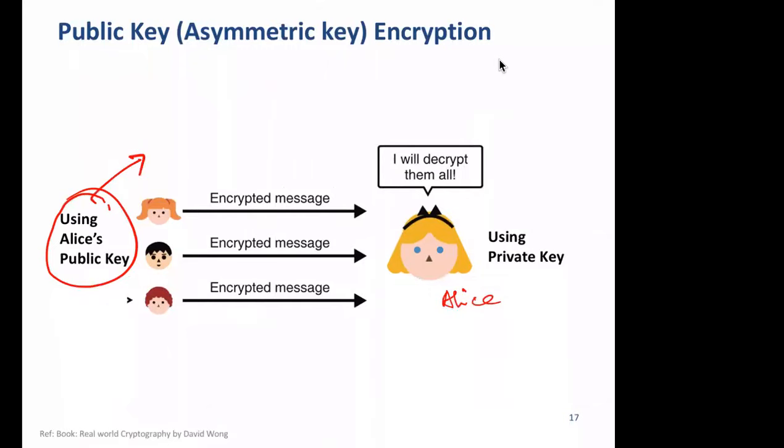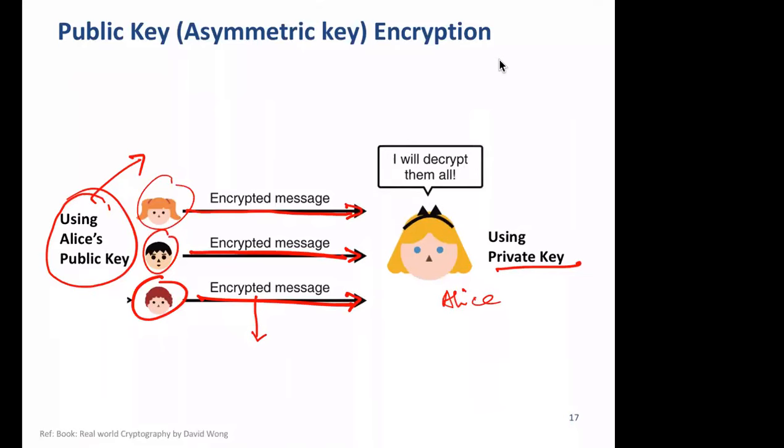So anybody, maybe Trudy or Bob or anybody, can use Alice's public key to encrypt the message and send it to her. If anybody in between sees the message, they cannot do anything because they will not have Alice's private key. Any question?